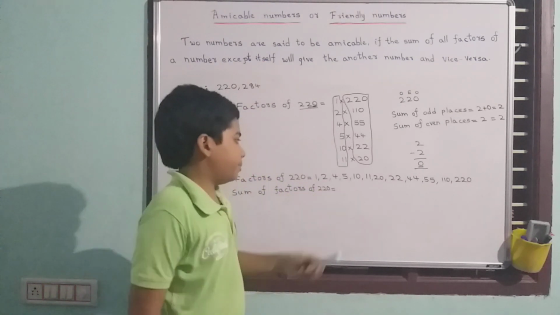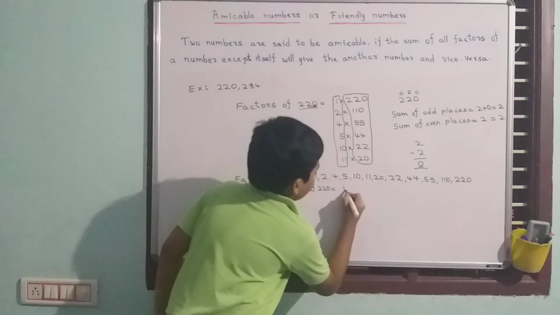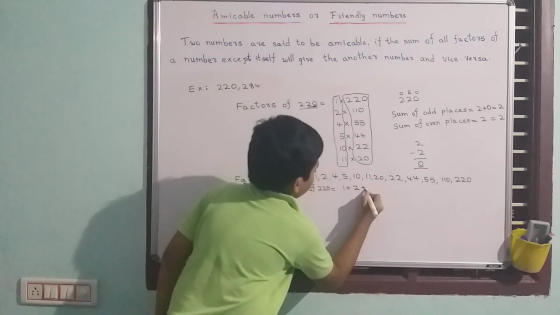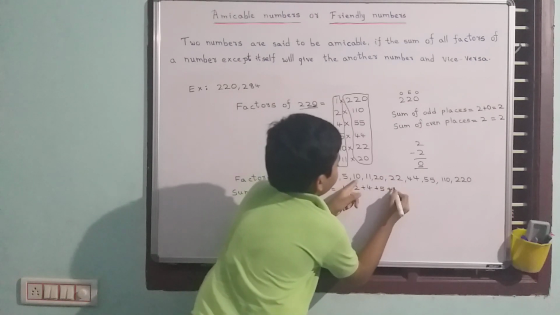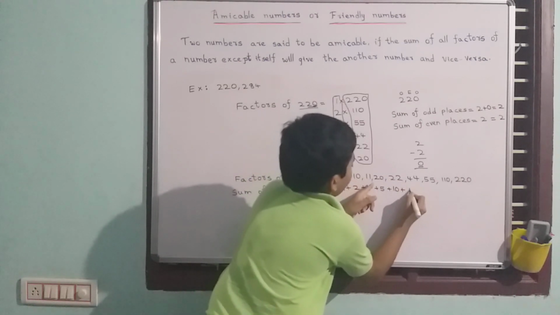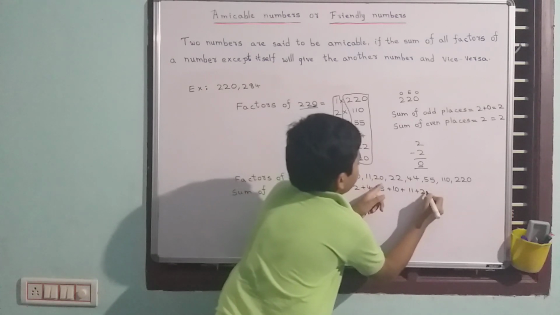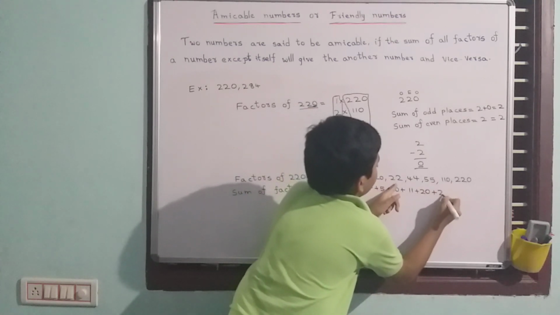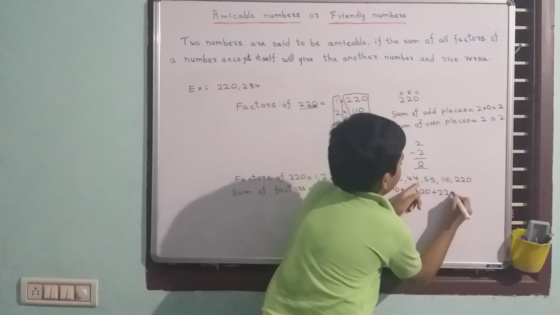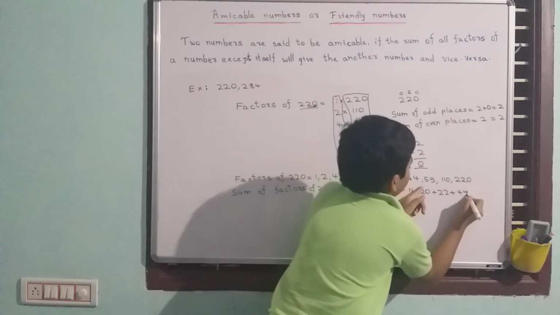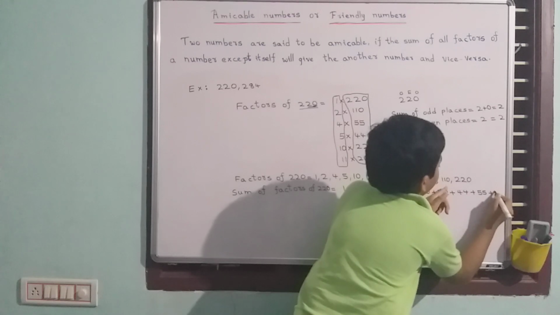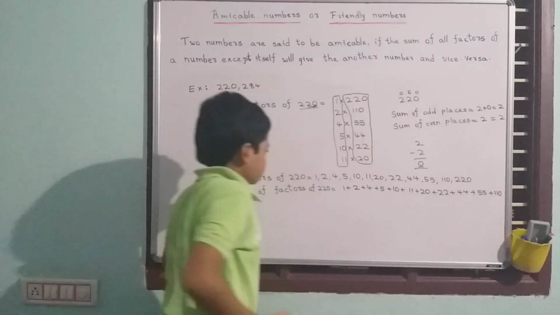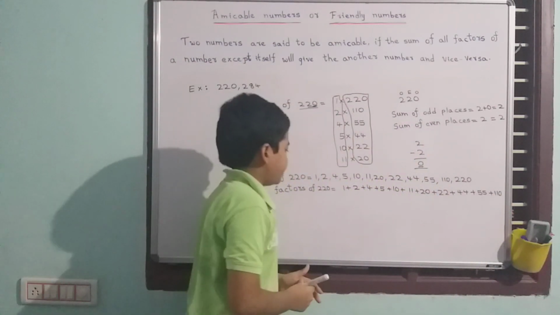Now let us add them. 1 plus 2 plus 4 plus 5 plus 10 plus 11 plus 20 plus 22 plus 44 plus 55 plus 110. Let us add them.